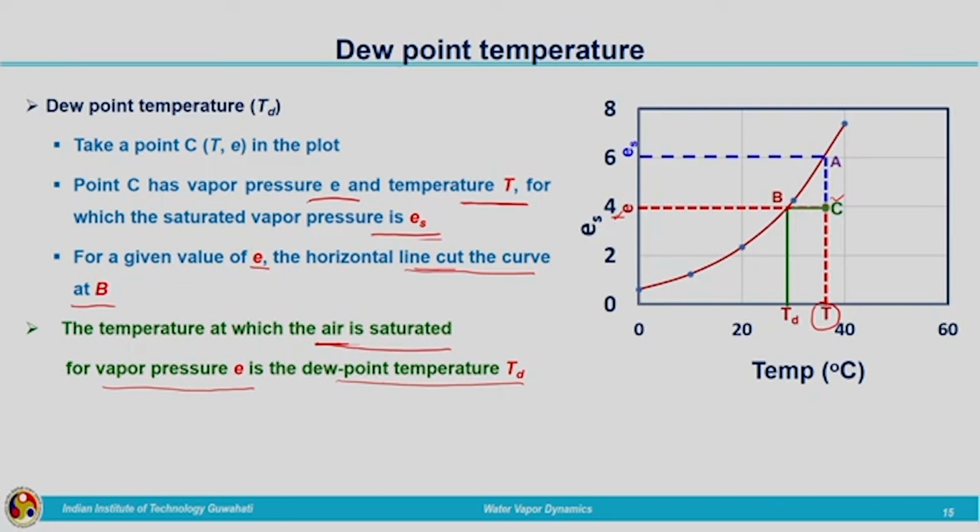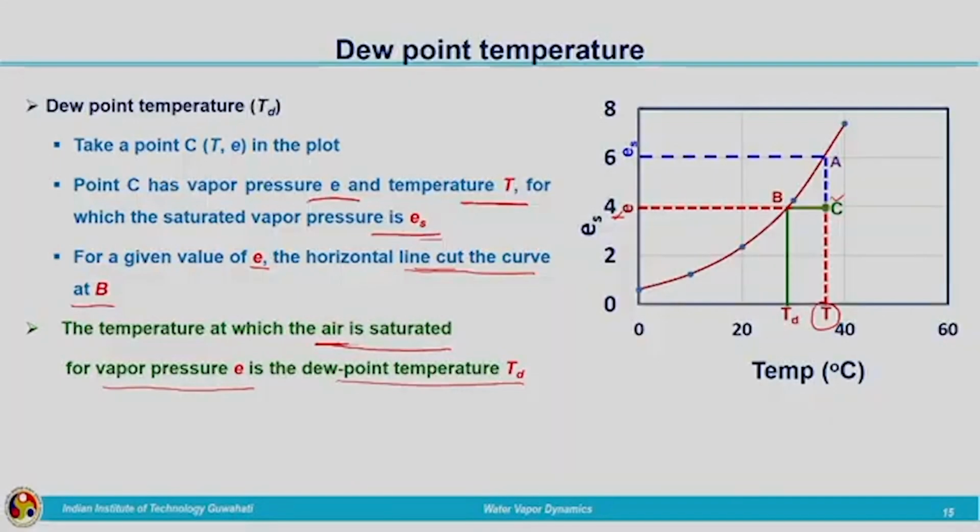Air is not saturated at that particular temperature. What is the moisture present in the air corresponding to temperature T? That is the saturation vapor pressure corresponding to another temperature. That is what is marked here as the dew point temperature.